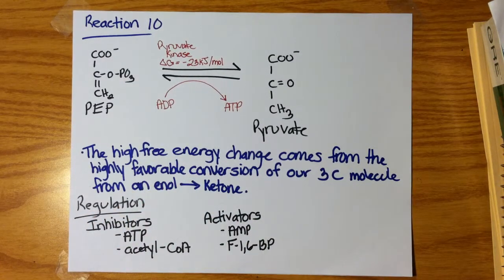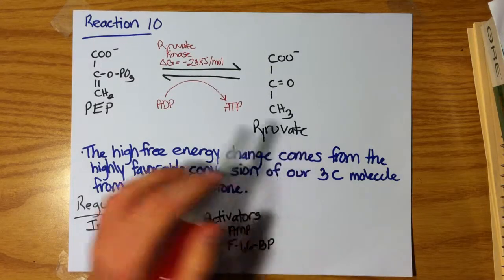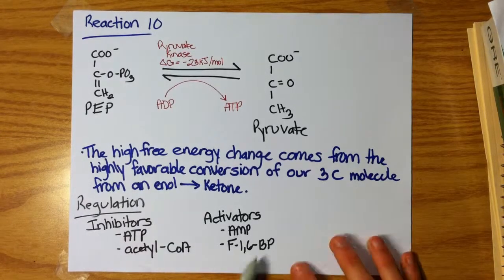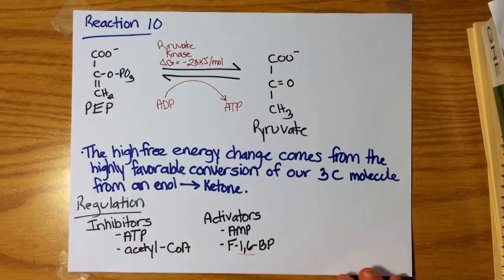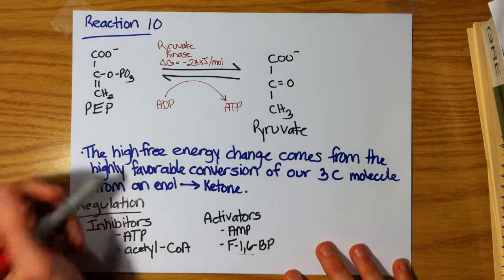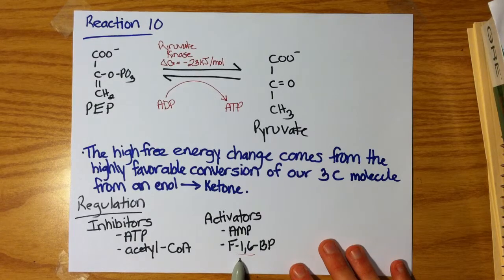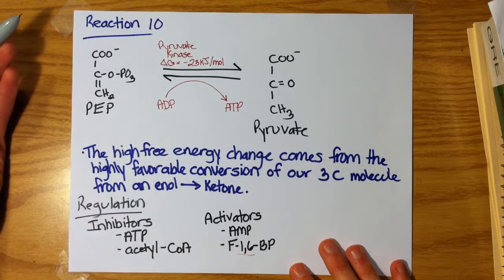When we have excess pyruvate around, we can convert our pyruvate into glucose for storage, and that's how this is an activator for this forward reaction, because fructose 1,6-bisphosphate is one of the intermediates upstream.